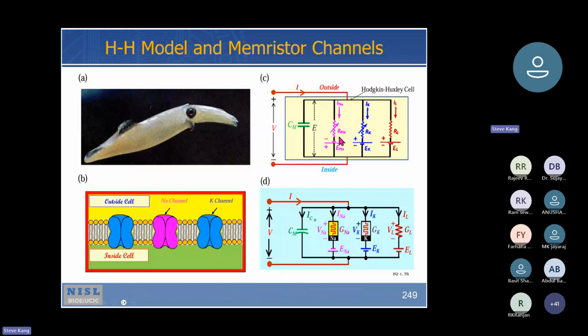And this shows the memristor representation. You have a sodium channel and potassium channel represented by memristors, and then a leakage channel as a resistor, and a capacitor. And this is the giant squid from which they developed this model.